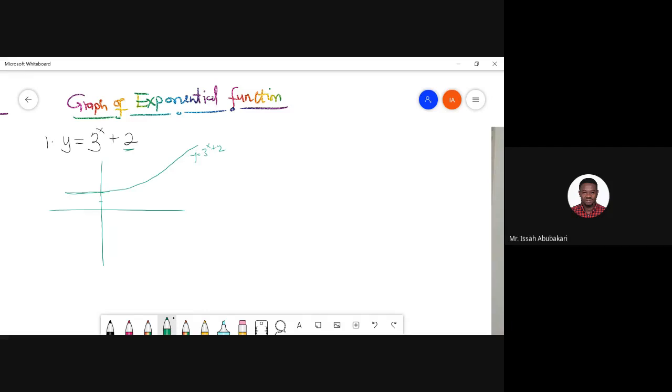Is that okay? Now let's look at question 2. You have a graph of y is equal to 4 exponent x minus 1. You do the same analysis. What is the nature, the slope of the graph?